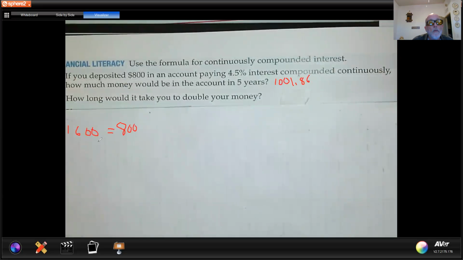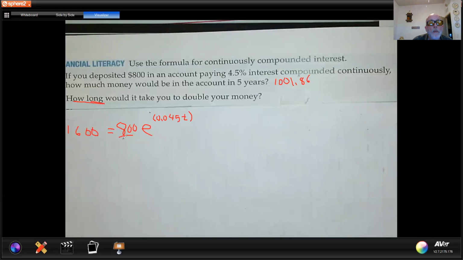We know the answer to the top one was $1,001.86, right? So this one is E to the K. We still know 0.045. But now we don't know time because it says how long would it take. So we don't know the time. Right? What do I have to do? I have to get E by itself.